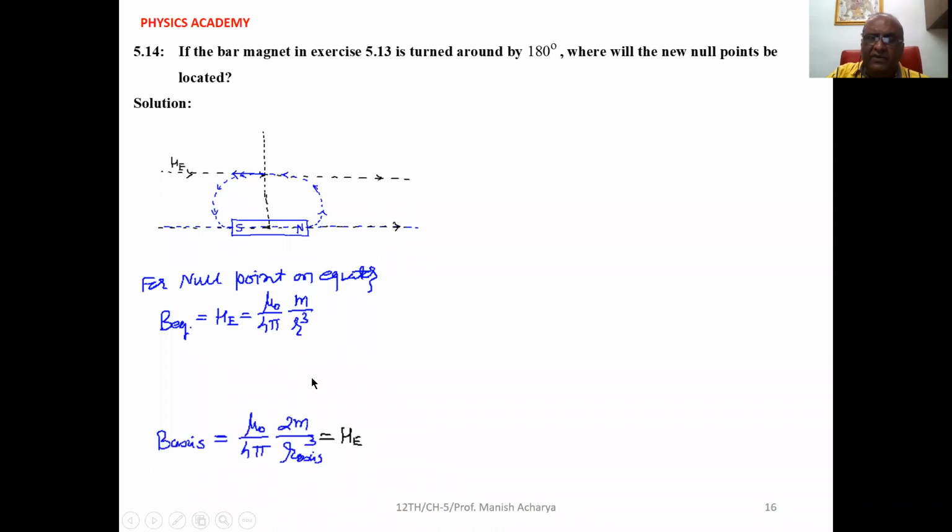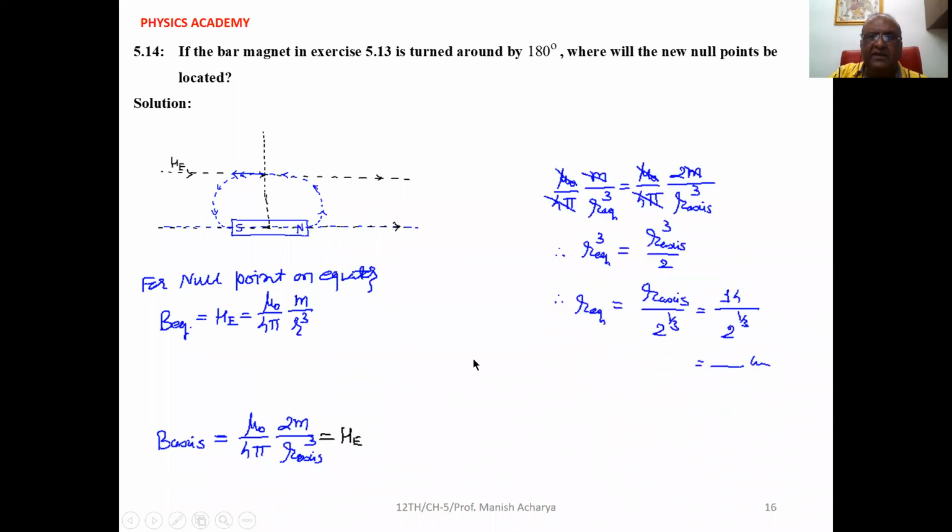Now, we already discussed B axis, that is mu 0 upon 4 pi, 2m upon r axis cube, and that is also equal to He. Here for this He, we can compare these two.